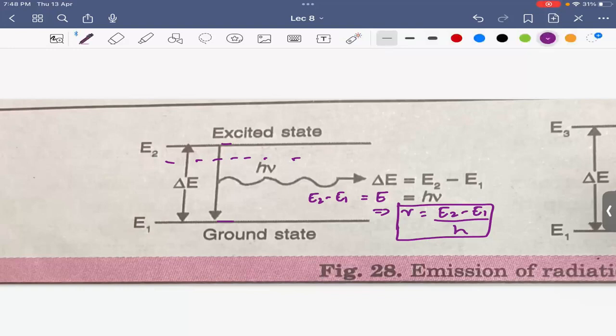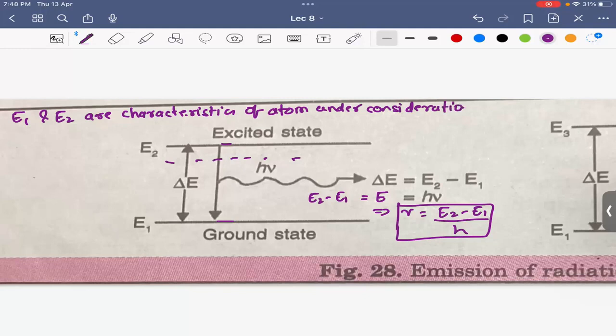So it is to be mentioned here that E1 and E2 are characteristics of the atom under consideration. Hence we see different atomic spectra for different materials. Therefore, the emitted frequency will also be a characteristic of the atom.